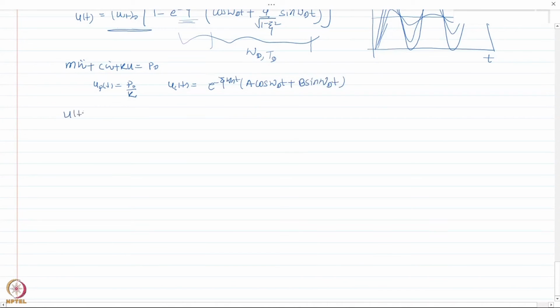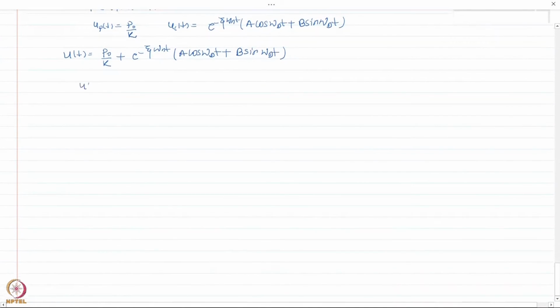Okay, so the total solution you can write as p naught by k times e to the power minus zeta omega n t times a cos omega d t plus b sin omega d t, and you can substitute the initial conditions, which we have assumed at rest initial conditions.